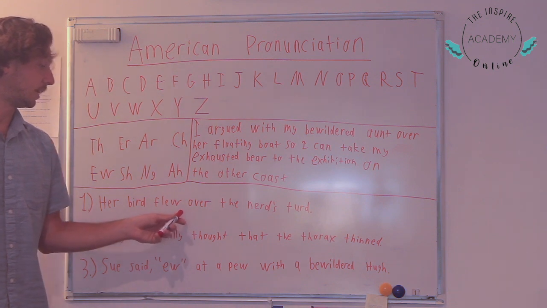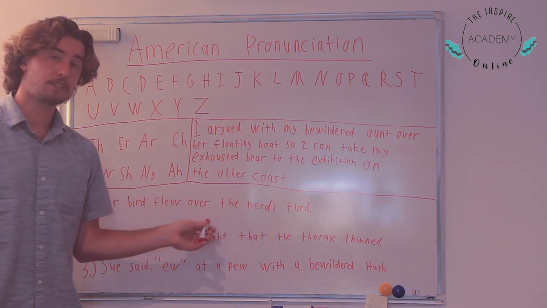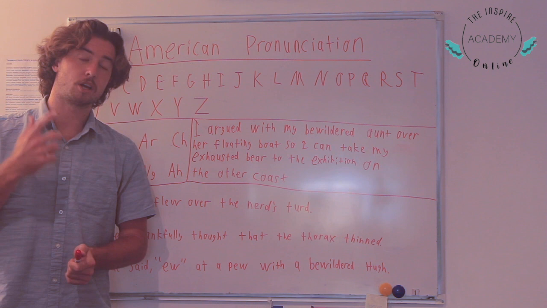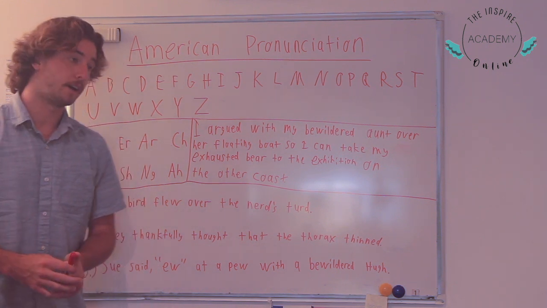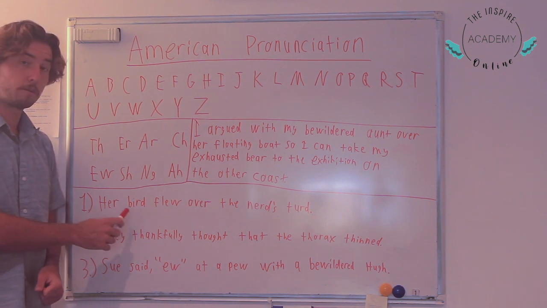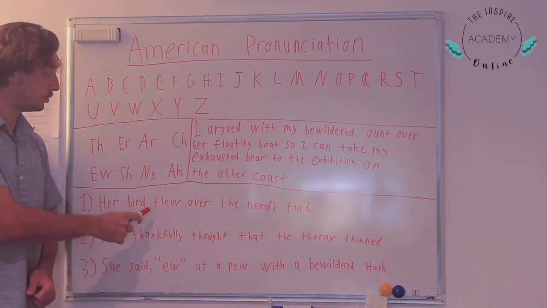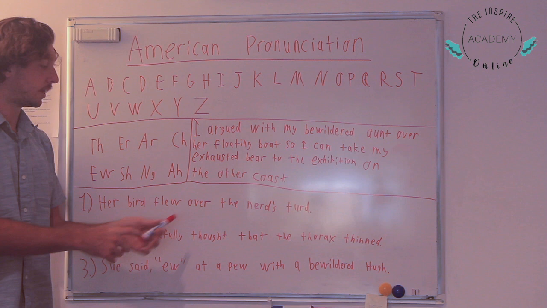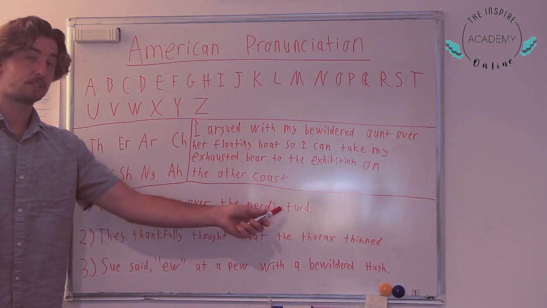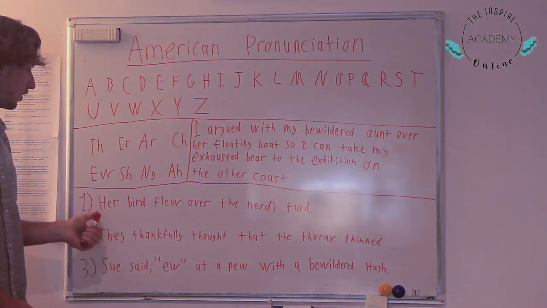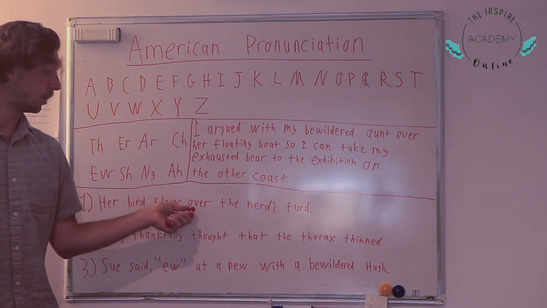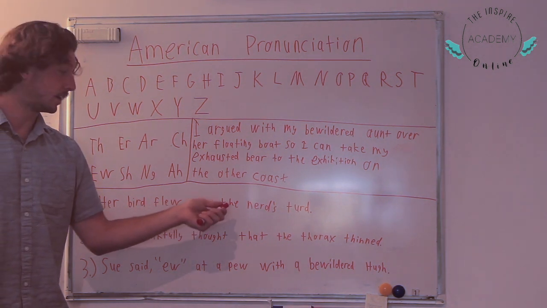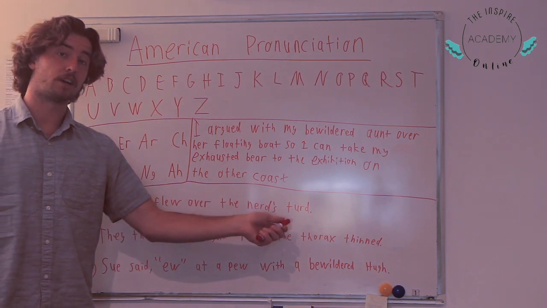The main purpose of this is so that you can develop those tongue muscles to say it like an American would. So, her bird flew over the nerd's turd. Her bird flew over the nerd's turd.